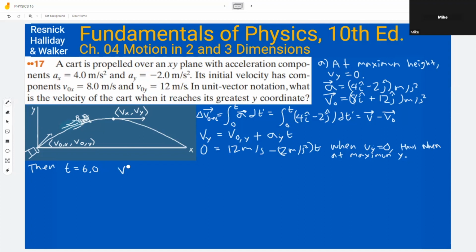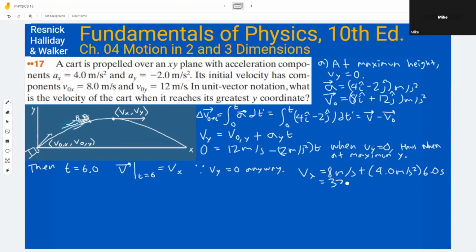Tapos, okay, so alam natin yung time. Kaya yung equation mo is v sub x.